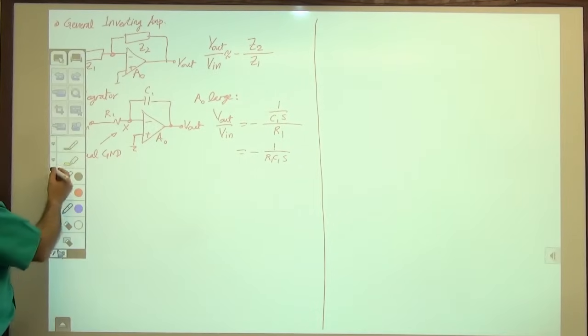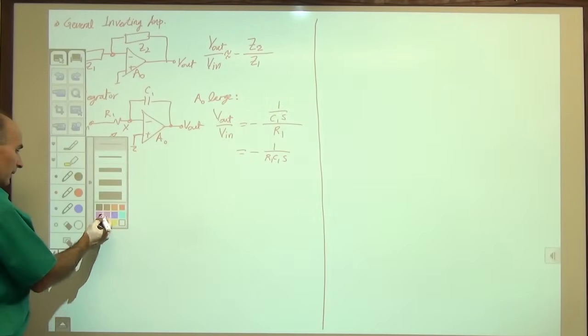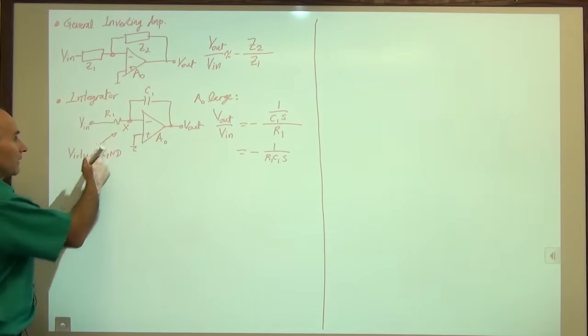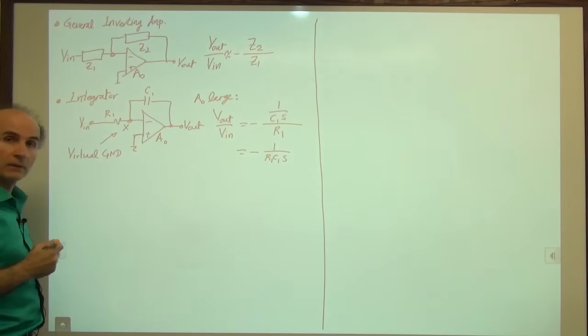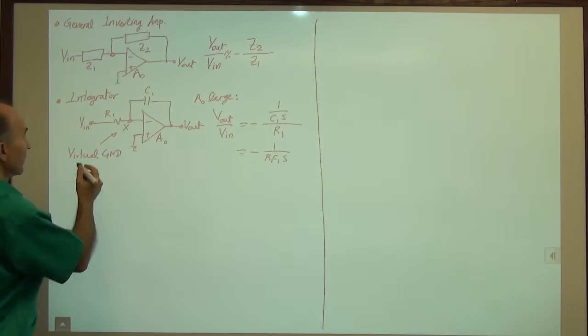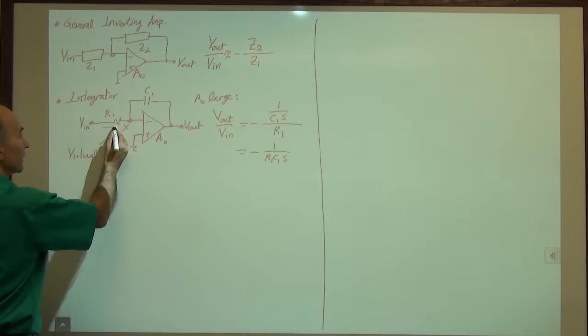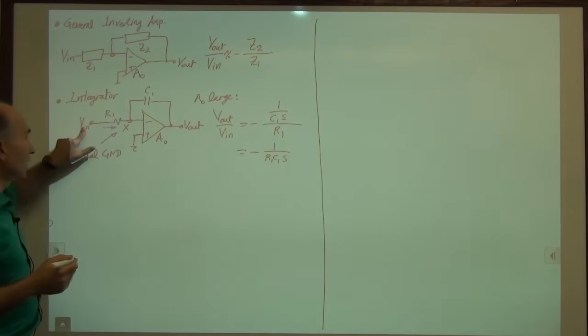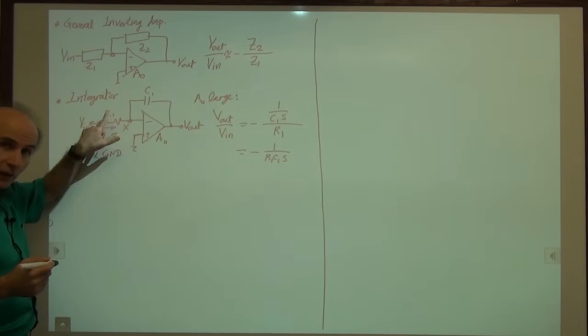Okay, well, let's do it this way. Because X is a virtual ground, the voltage at node X is very small. So I can say that the current through R1 is approximately equal to V in minus Vx over R1.